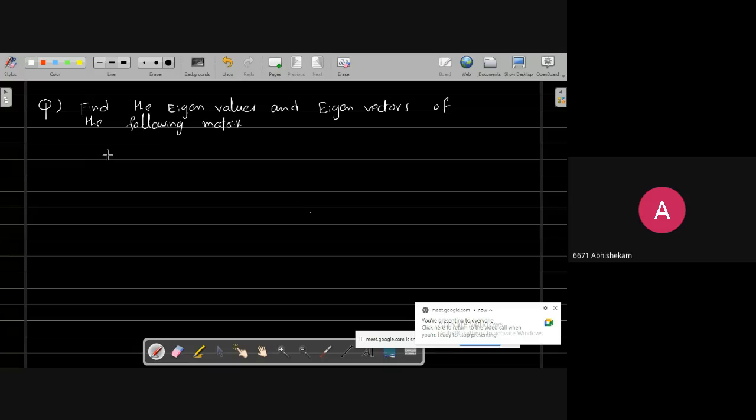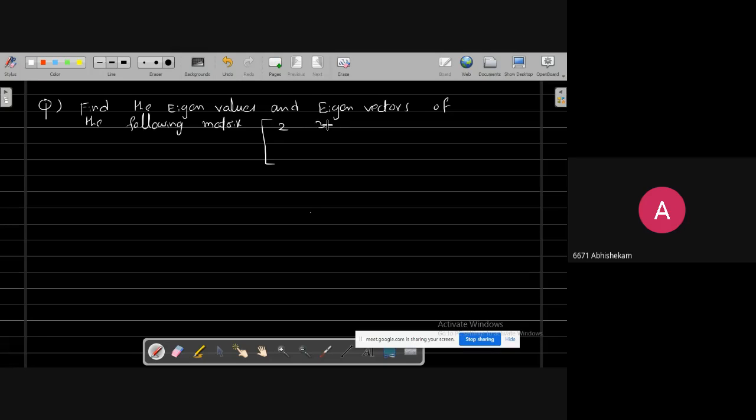Now the matrix is 2, 3 plus 4i, next 3 minus 4i.